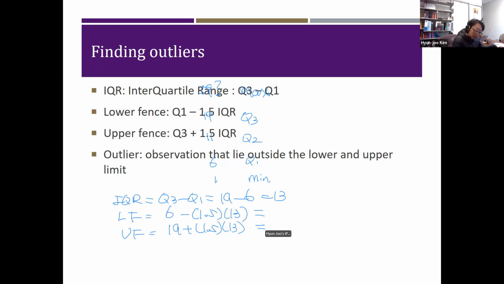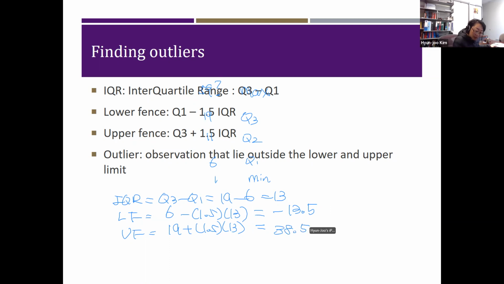If you calculate it, 1.5 times 13 is 19.5. So the lower fence will be negative 13.5, and the upper fence will be 19 plus 19.5, which is 38.5.